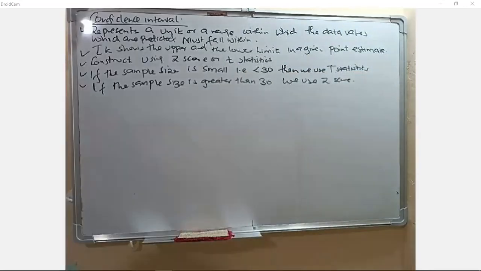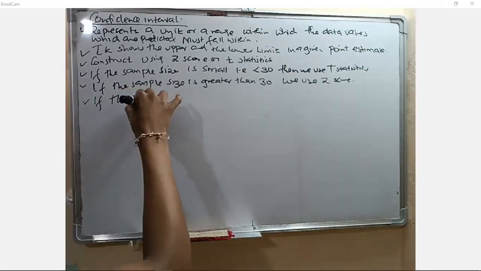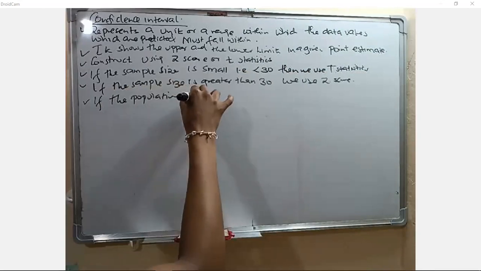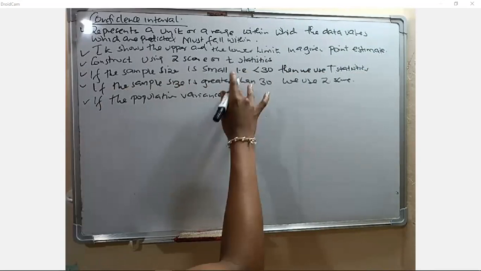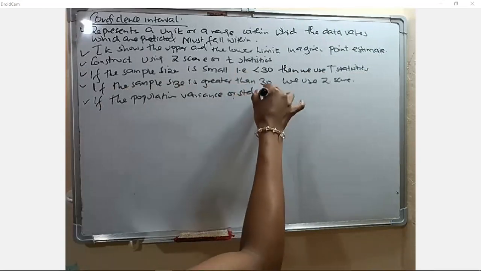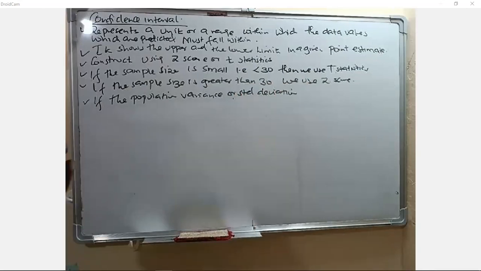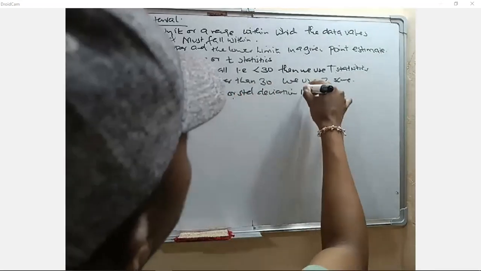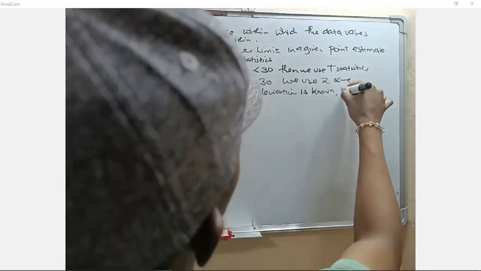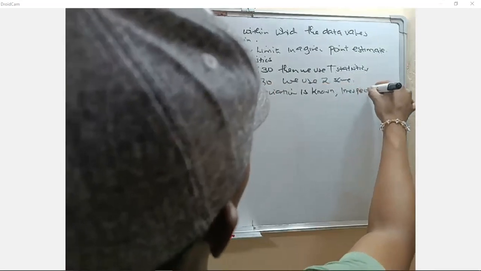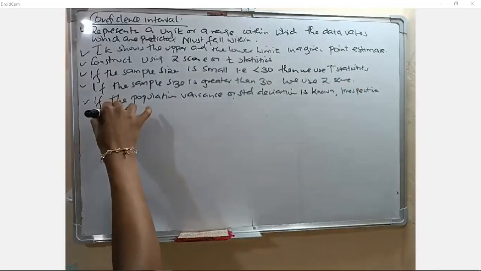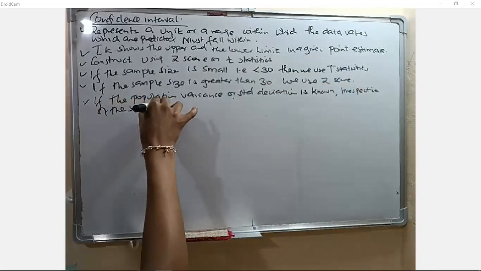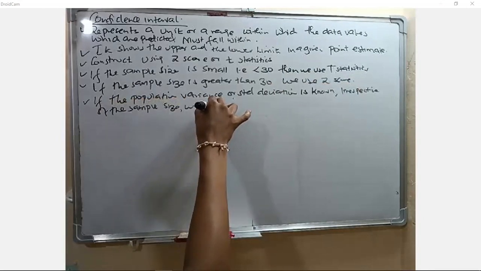We use Z-score there. But if the population variance or the standard deviation is known, irrespective of the sample size, we use Z-score.